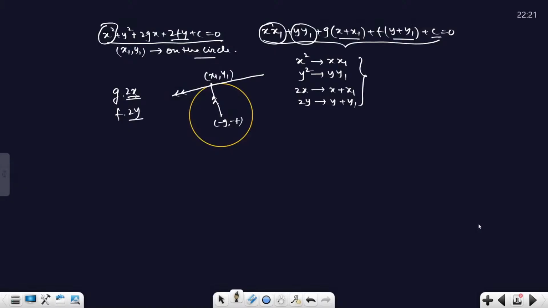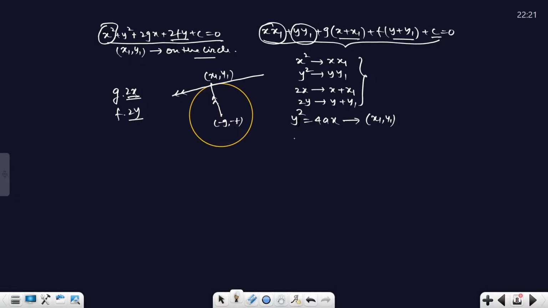That's it. Okay. Now let me go a little out of the track, and let me take an equation of a parabola. Suppose we have been given y square equals 4ax. Now you will listen, you will learn this immediately. If I ask you what is the equation of the tangent at the point x1, y1, you can easily give me the answer.